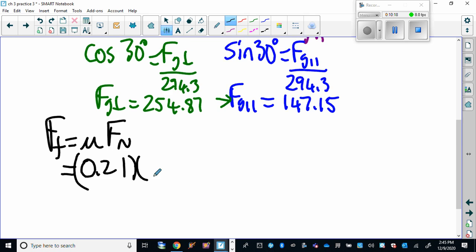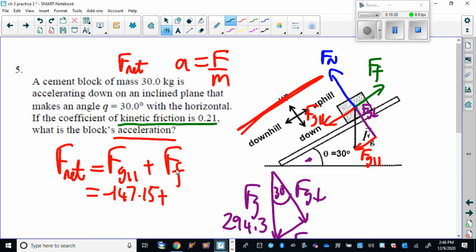Fn, so back to our original diagram, Fn, as you can see, is equal and opposite to Fg perpendicular. And that's why we have to solve for Fg perpendicular. The box is not accelerating up or down in this direction, so it has a net force of 0, therefore Fn and Fg perpendicular must be equal and opposite.